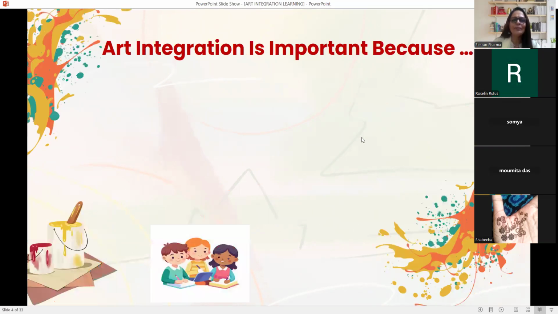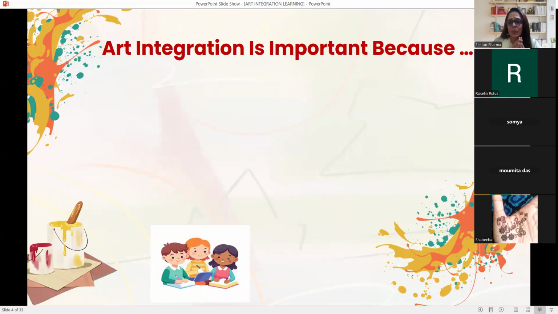Now, moving on, why is art integration important? If you think about it, what is CBSE's vision? CBSE's vision is nurturing 21st century skills. Why?